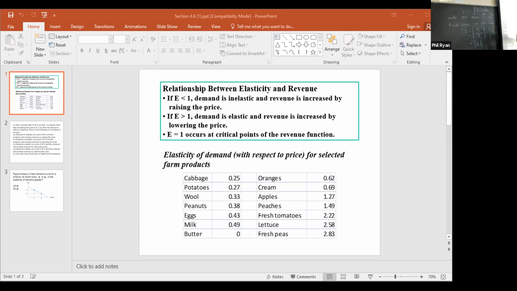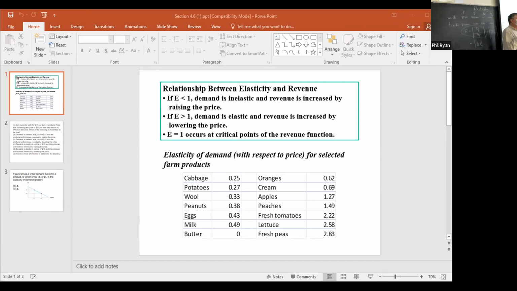So for example, apples and peaches, if you think about it, you're going to buy your fruit, apples look good and they're cheap, so I'm going to buy some. But if they're expensive, maybe I'll buy oranges or peaches or nectarines or whatever.